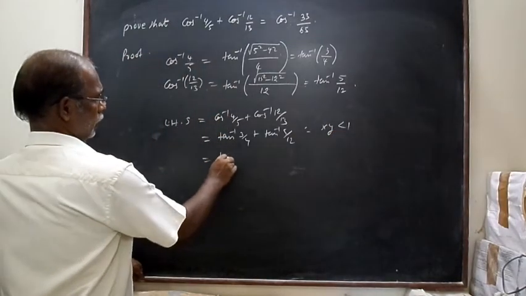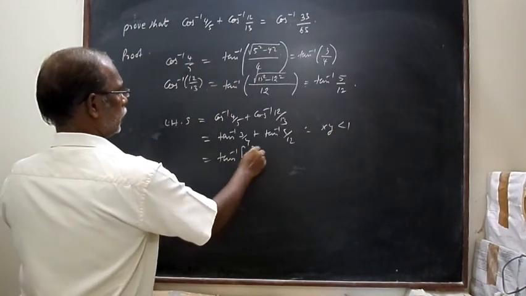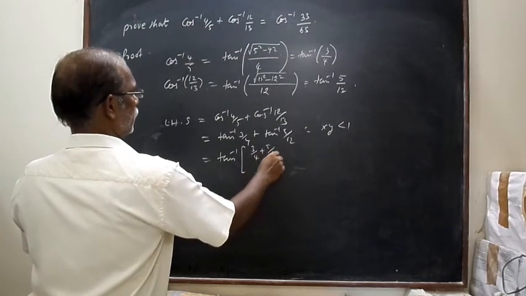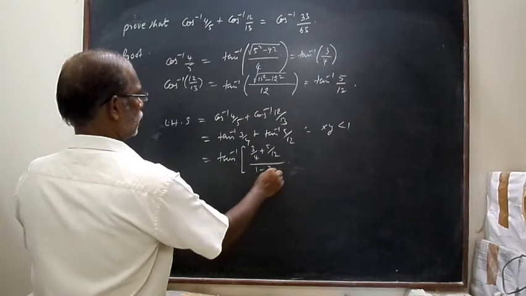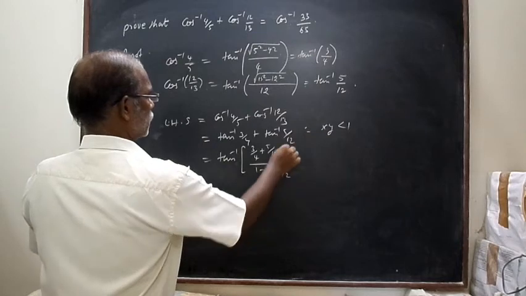Then tan inverse of 3 by 4 plus 5 by 12, over 1 minus 3 by 4 into 5 by 12.